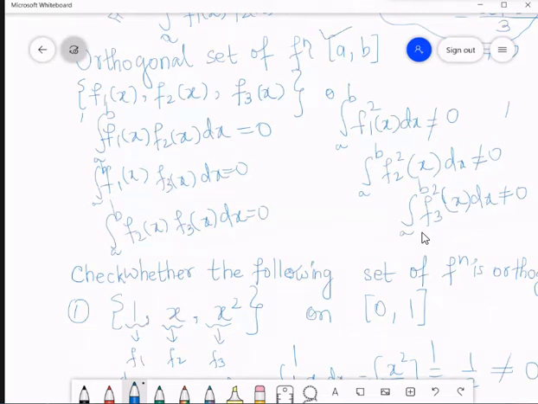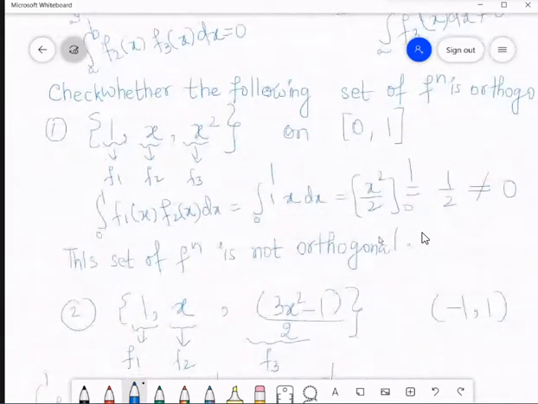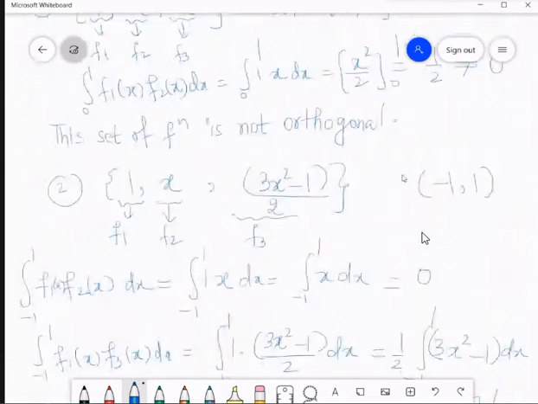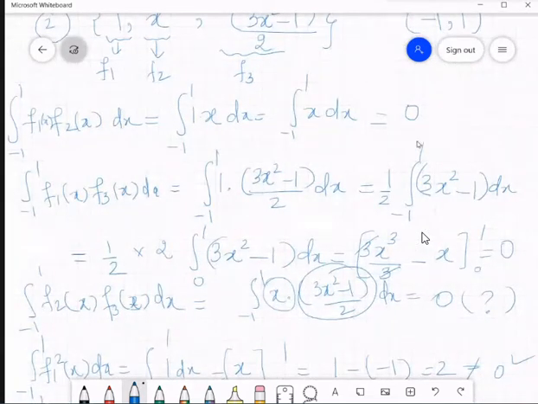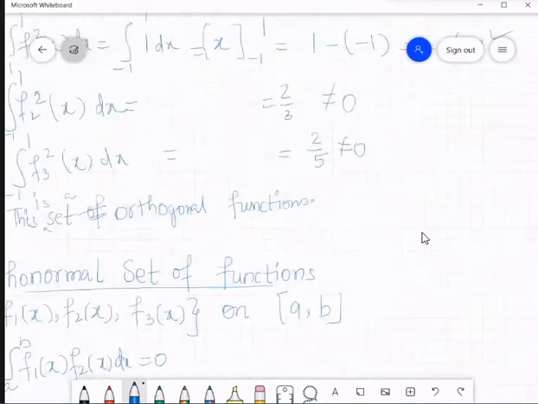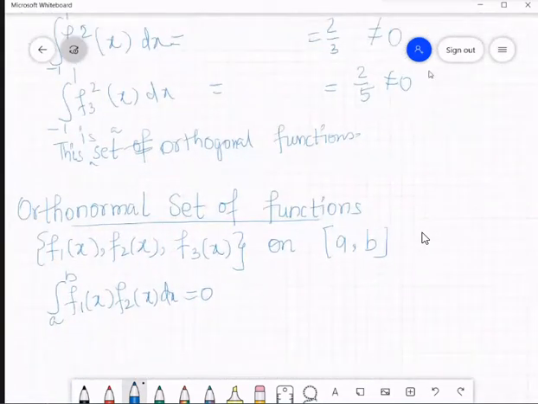It is somewhat related to unit functions. This is the way orthonormality is being defined. So let us define it and then come back to this question.